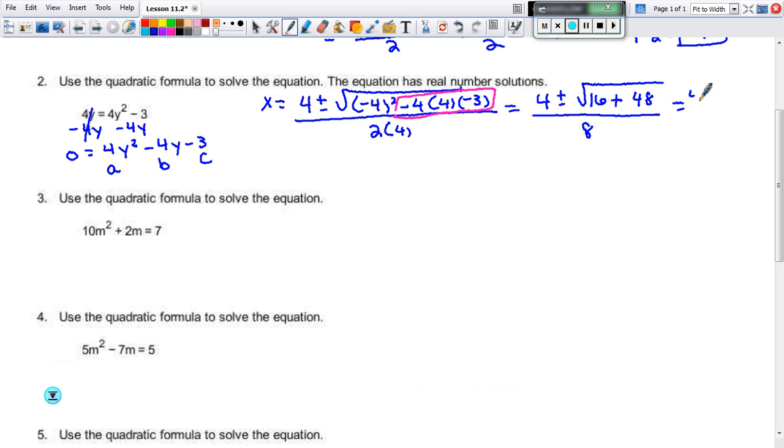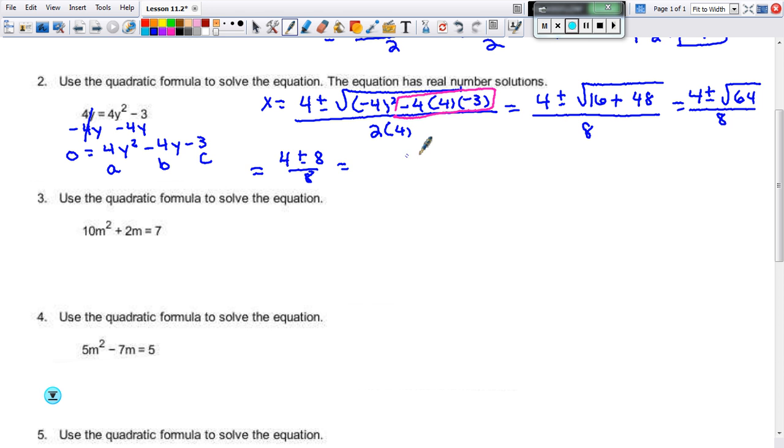So that equals 4 plus or minus the square root of 16 plus 48 is 64 over 8. Square root of 64 is 8. So you've got 4 plus or minus 8 over 8.